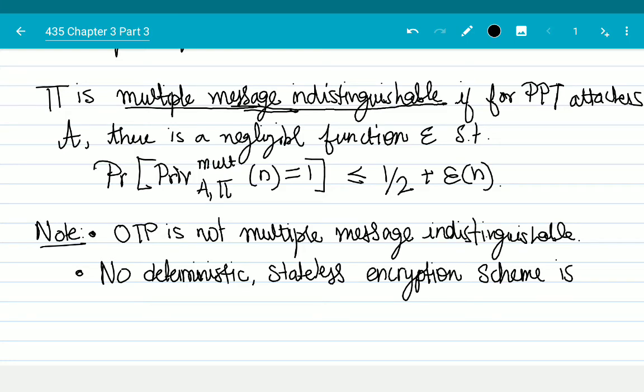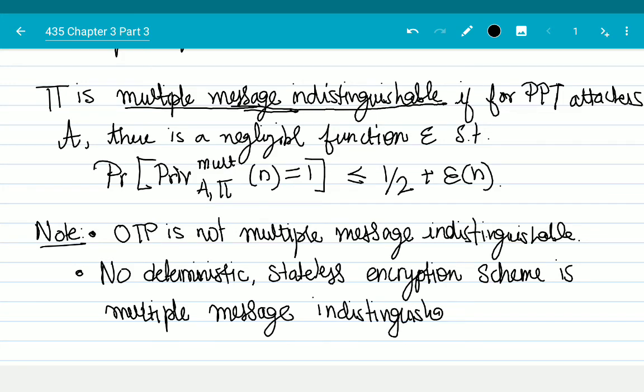What does this exactly mean? We'll get to that later, what exactly is meant by stateless encryption.